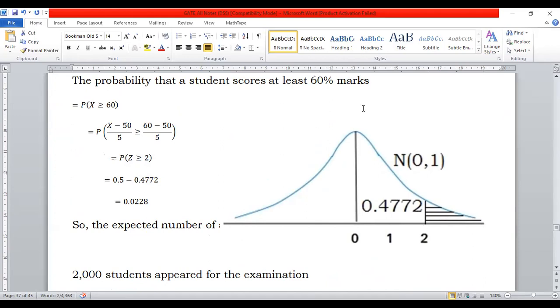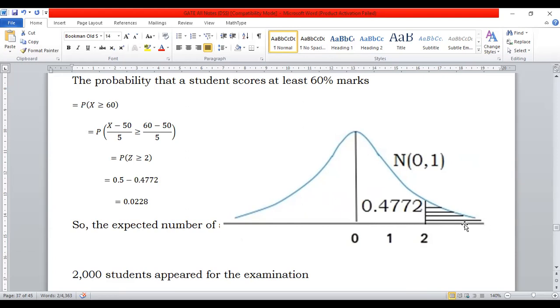And that's why we know that it is symmetric. Now this is Z, this is not X, and Z has mean 0, so it is symmetric about Z equal to 0. To the left of Z equal to 0, 0.5 area, and to the right 0.5 area. And we know between Z equal to 0 and Z equal to 2, the area is 0.4772.